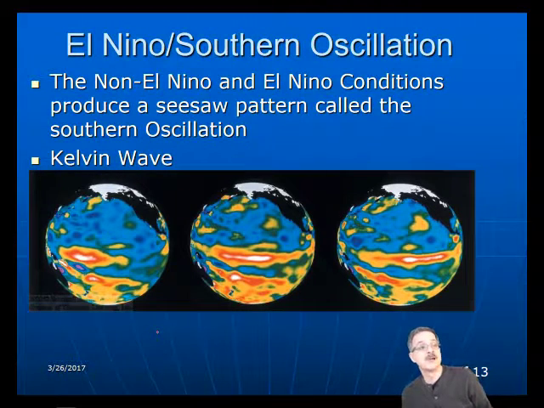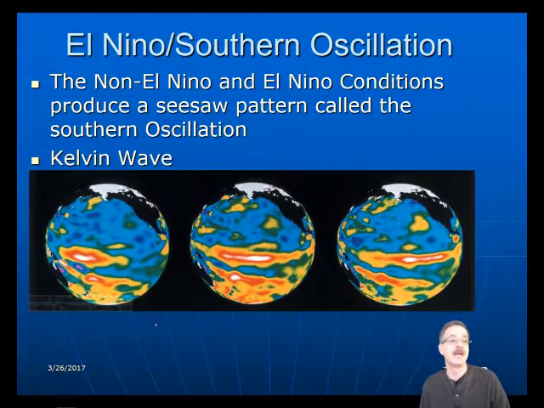All right, so back to where we were. El Nino and La Nina will oscillate back and forth, and it's constantly going on. It's a very slow oscillation, and really there's no pattern for when you're going to have these conditions.